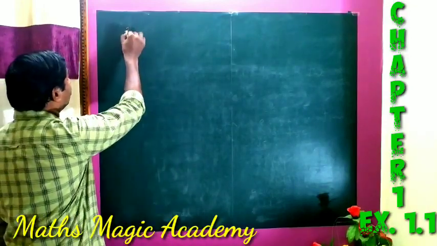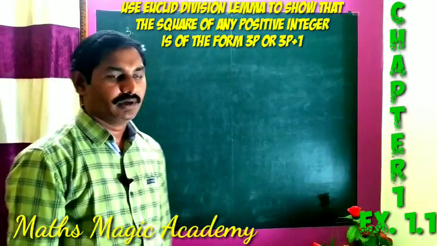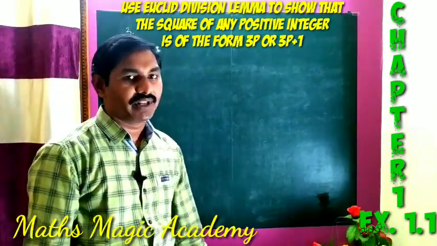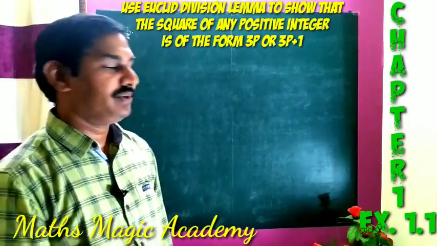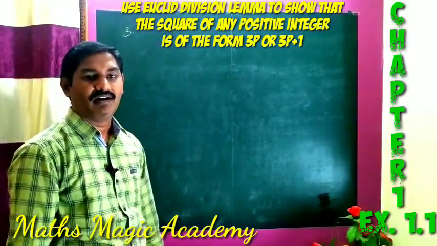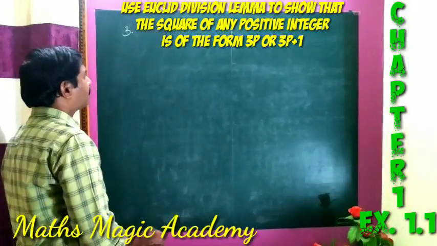Next we will go for the third problem. Use Euclid's division lemma to show that the square of any positive integer is of the form 3p or 3p plus 1. Students, can you observe here?